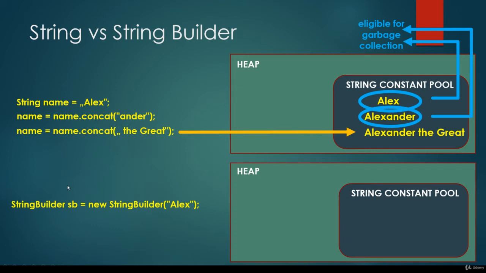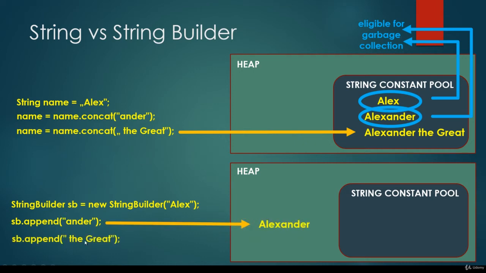What if we use StringBuilder? If we create a new StringBuilder with the value Alex, there's going to be a new object on the heap memory. If we append, for example, ander, then Alex is going to be updated to Alexander. If we append again the Great, then Alexander will be modified to Alexander the Great.